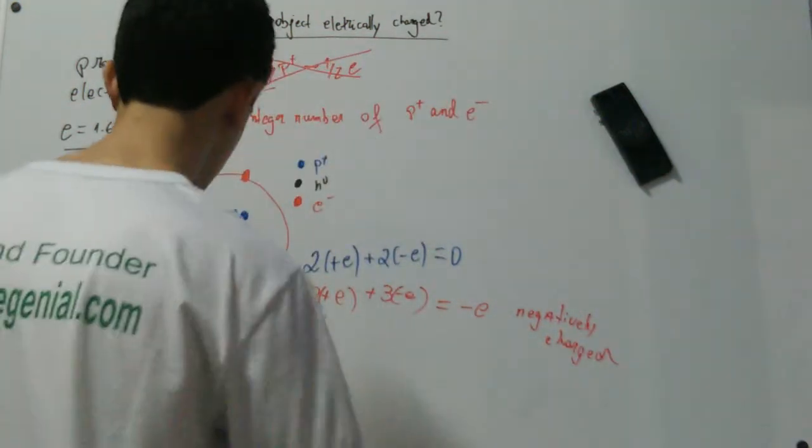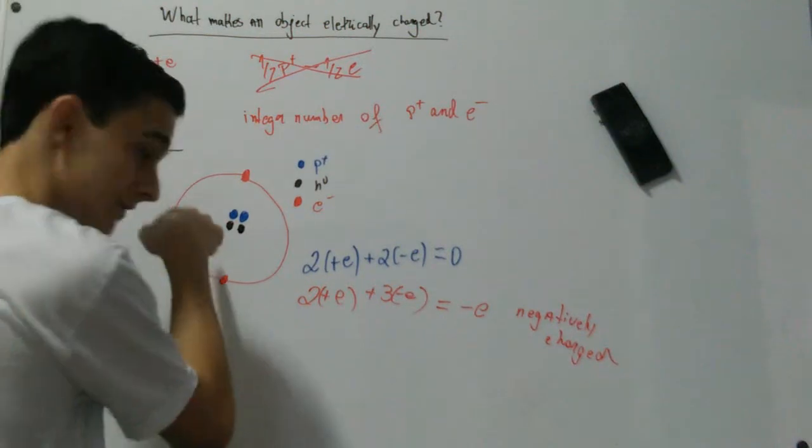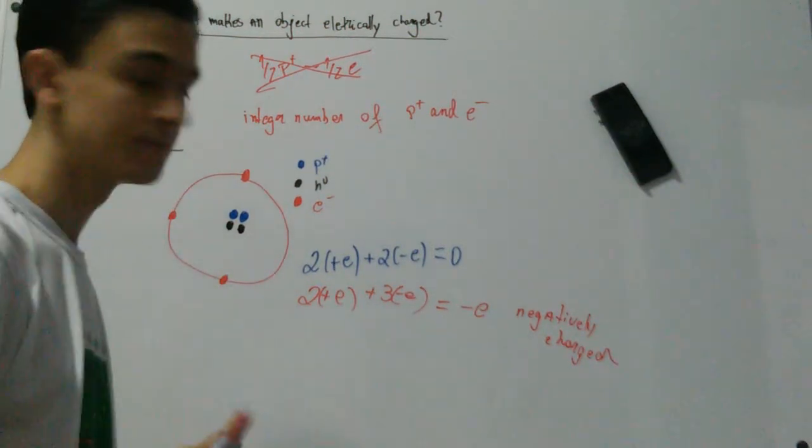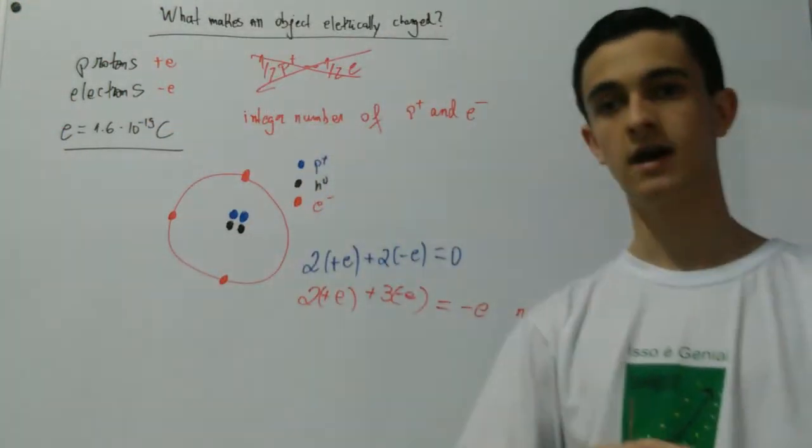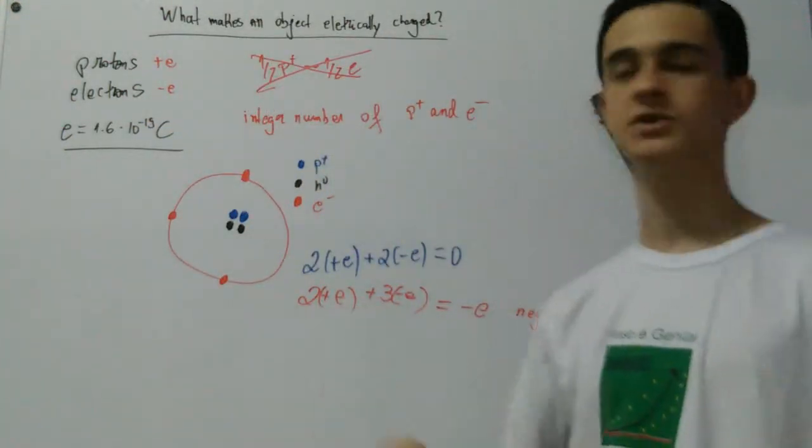I mean, the charge of the atom right now is negative, because the number of negative charges is greater than the number of positive charges.